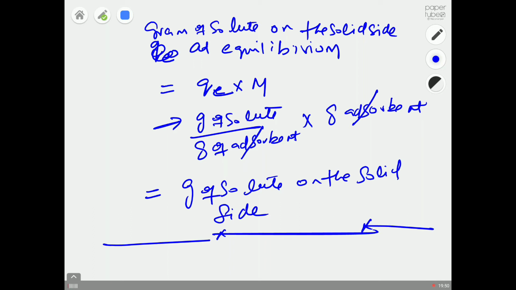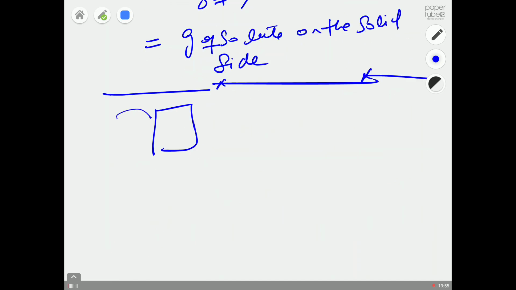So we are performing this experiment in batch mode. What we did is, you add something at time t equal to 0.